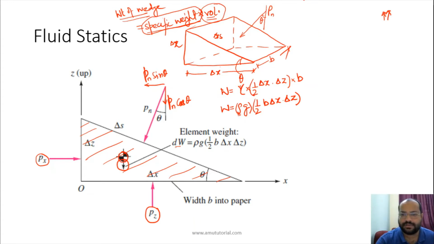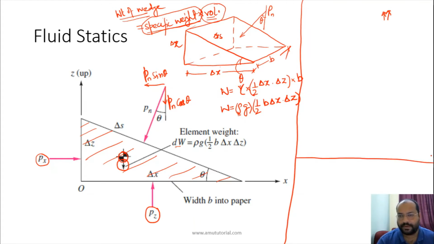Now in order for this wedge to be in static equilibrium, there must be some conditions. For it to be in equilibrium, the summation of all the forces along x should be equal to 0, and the summation of all the forces in the z direction should be equal to 0.